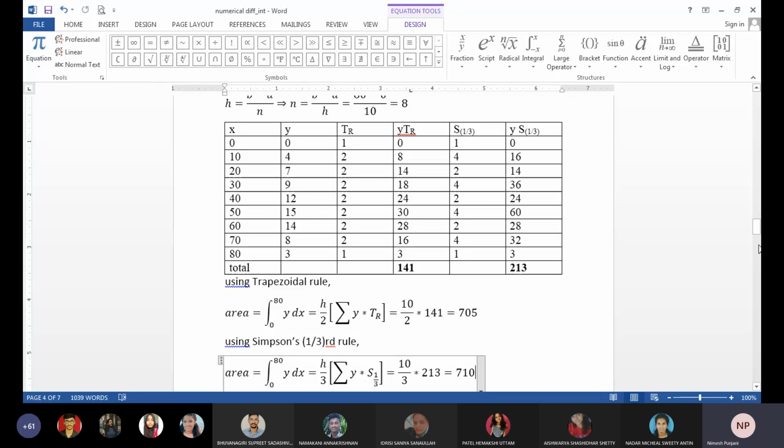Yes, others also kindly confirm. Yes, sir. Okay, 2 people have confirmed. I'll wait for 3 more confirmations and then we'll move to the next example. Yes, sir. Same answer. Okay, Sanya is also getting.